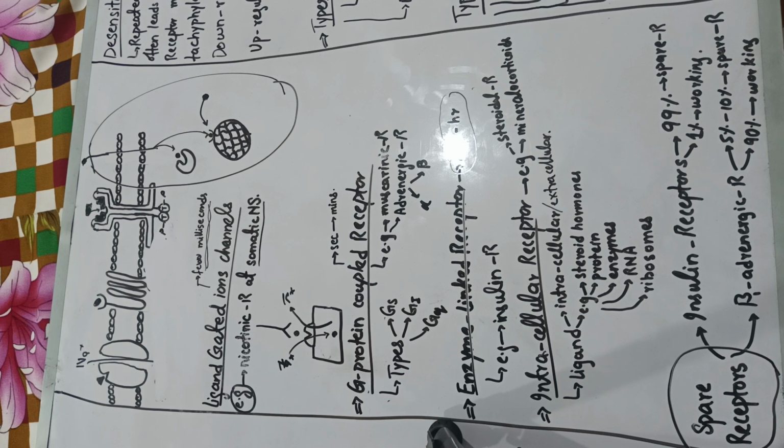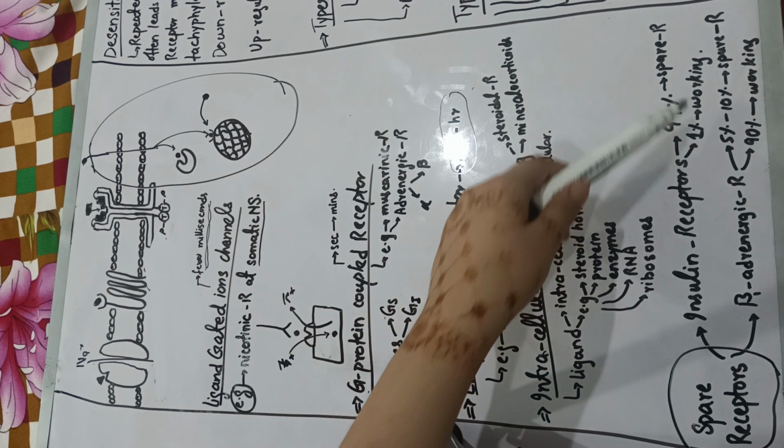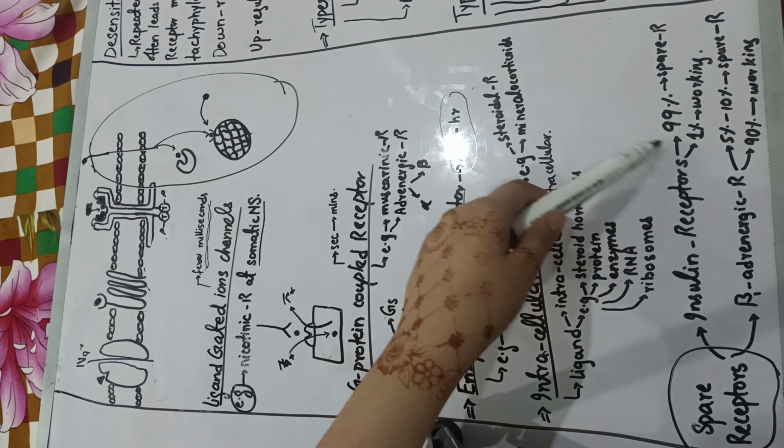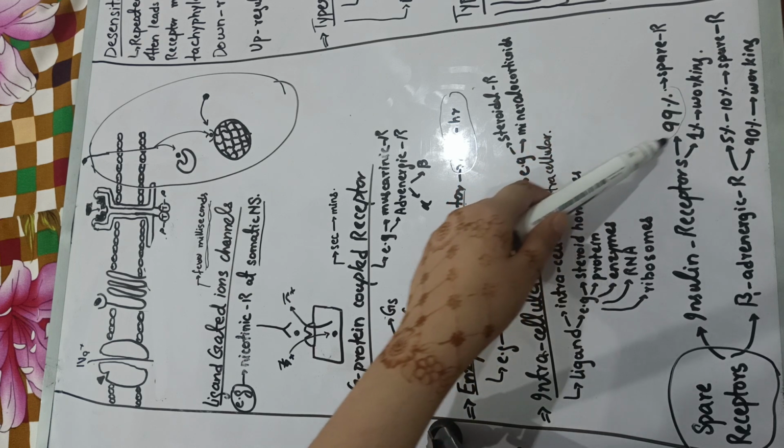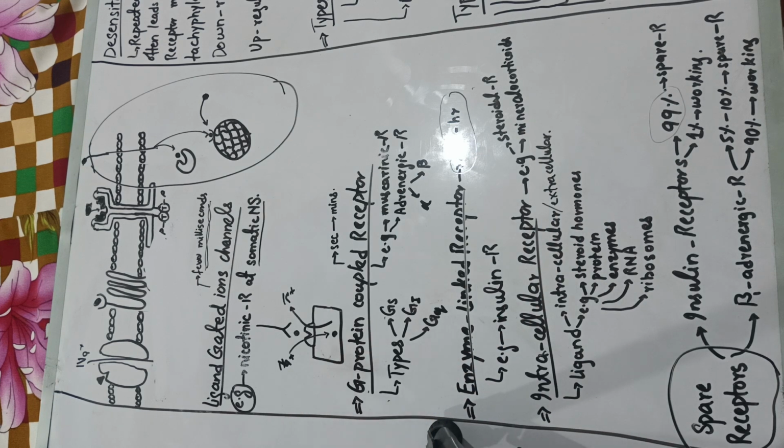So insulin goes and binds with the insulin receptors, and the insulin only binds with 1% of the receptors, while 99% of all the insulin receptors which are present in your body are spare. Only 1% is performing or controlling the amount of glucose in your body.